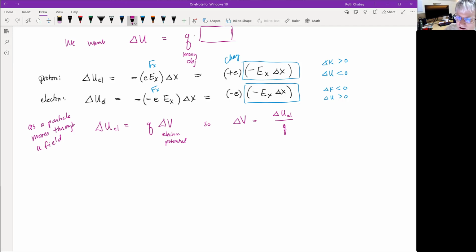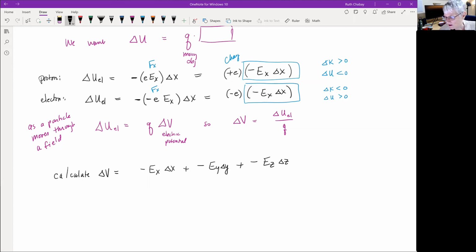And how did we calculate delta V? Well, in our one-dimensional case, it was just minus E sub x, the x component of the field, times the x component of displacement. In the more general case, where we have y components, it would be plus a minus E sub y delta y plus a minus E sub z delta z.